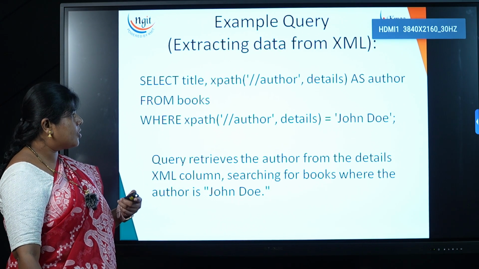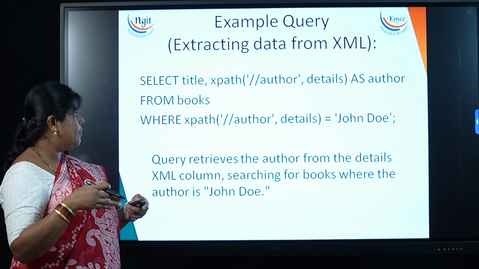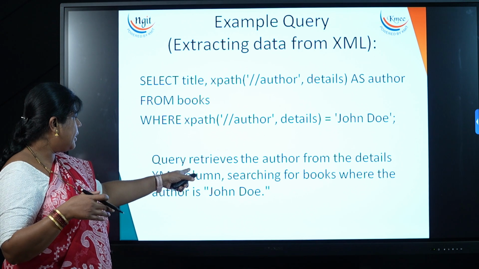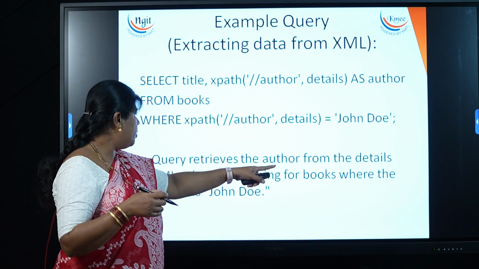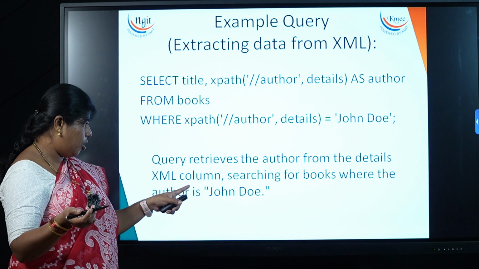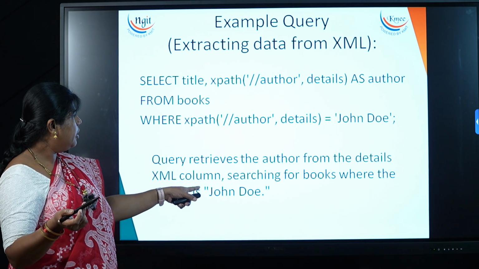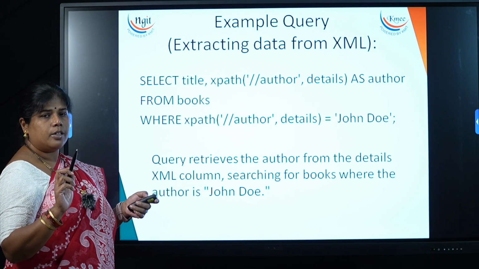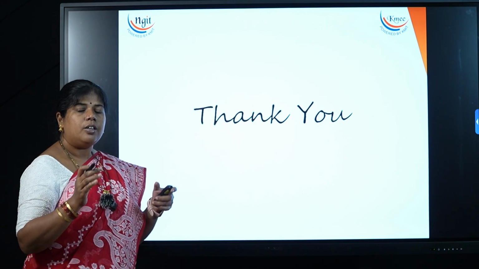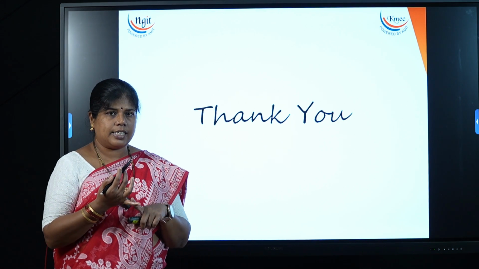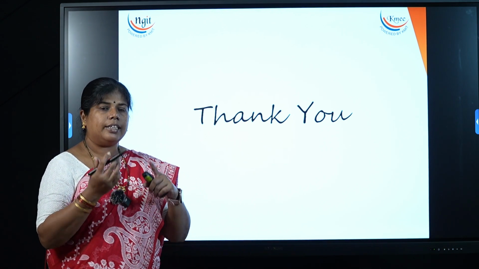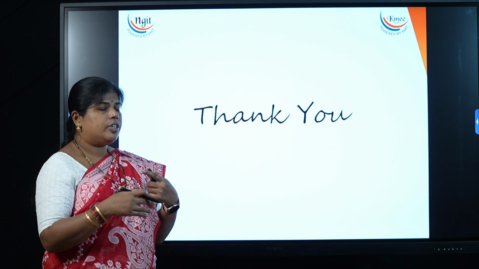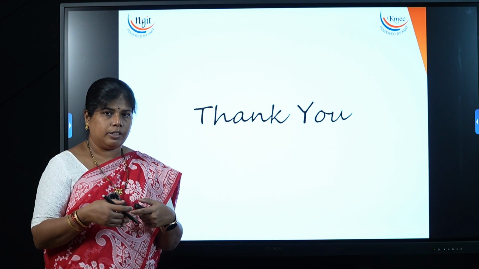For extracting it I will use two forward slashes, by giving a particular XPath, and the query retrieves the author from the details XML column, searching for the books where the author name is John D. So like this you can have two semi-structured formats, one is JSON and the second one is XML, and those semi-structured formats I will combine with my rigid schema and try to perform the information retrieval. Thank you.